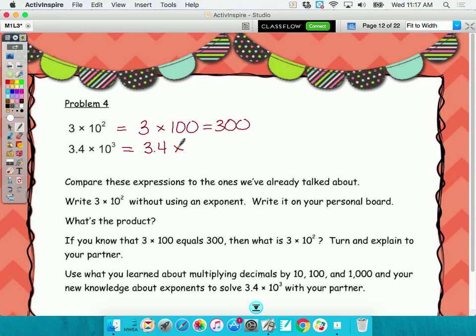It's 1,000. You can look at your chart or look right up above the board. So do I get to use my zero trick here? Can I just add zeros to the number then? No.